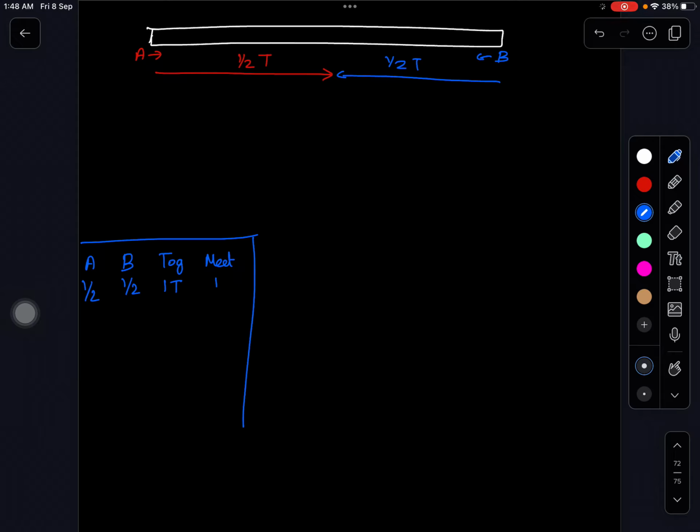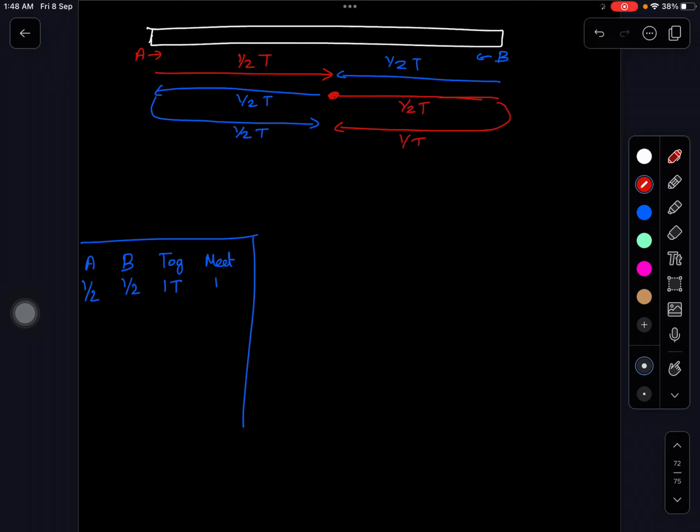Now let's see what is happening after A starts from this point and moves to the other end. Even if A completes half more track and B completes half more track, the second meeting doesn't happen. B has to return back and complete one more half track length. A has to return from this point and has to cover half a track length.